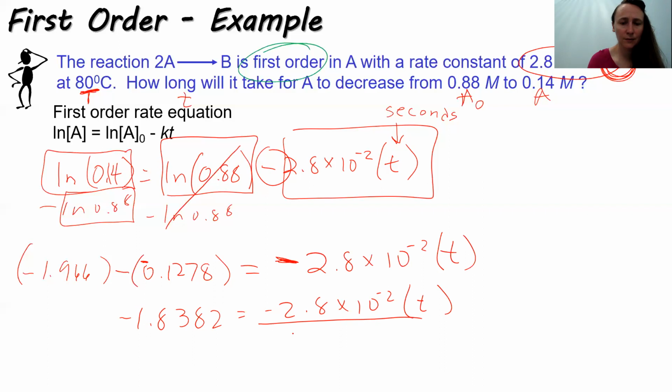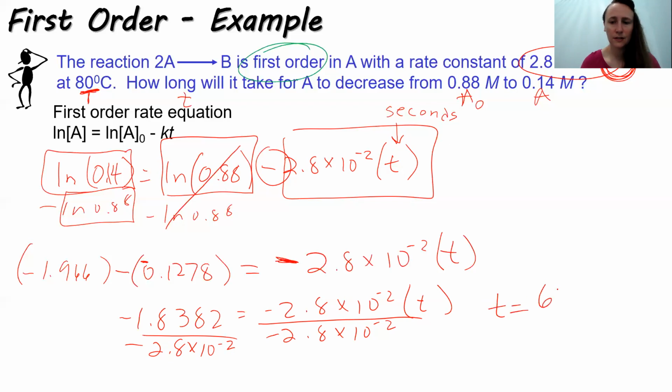So then I can divide both sides by the negative 2.8 times 10 to the negative 2. And I get the time is equal to 65.65 seconds. So about a minute.